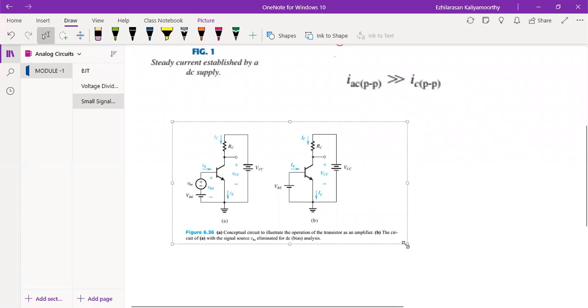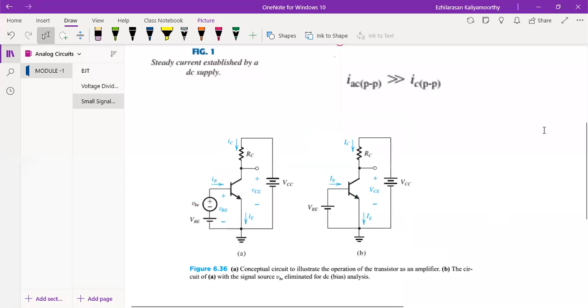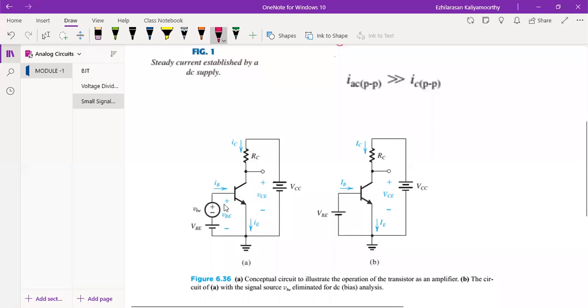Now let us consider this circuit. In the previous lectures we have seen some of the biasing techniques. Now, in this circuit the base emitter junction is forward biased by a DC voltage VBE.